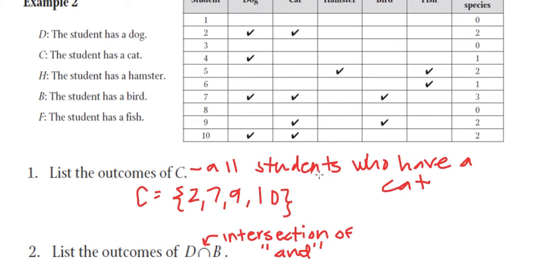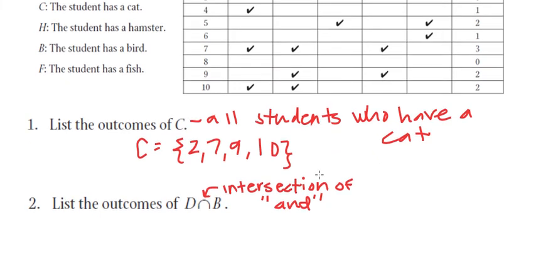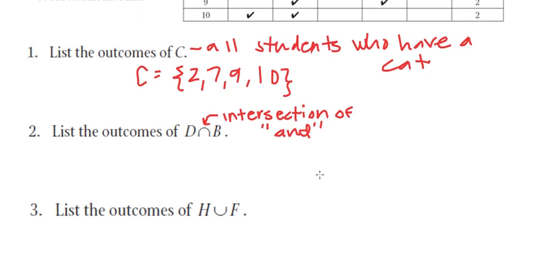So it's asking you what students have a dog and a bird. You should be looking at your book here, and I'm looking at mine. I'm not going to keep scrolling back up to that table. So if you want to know D intersecting with B, you want to know which students have a dog and a bird.